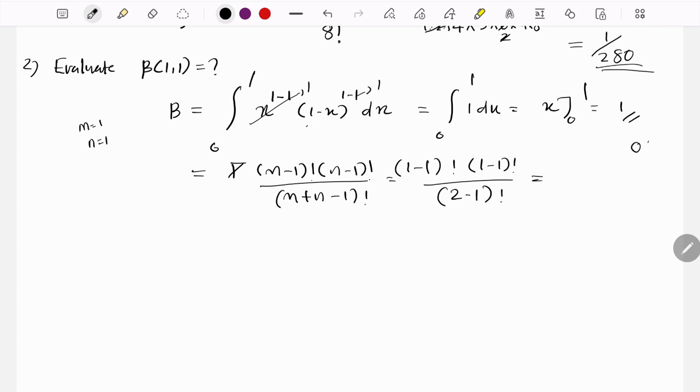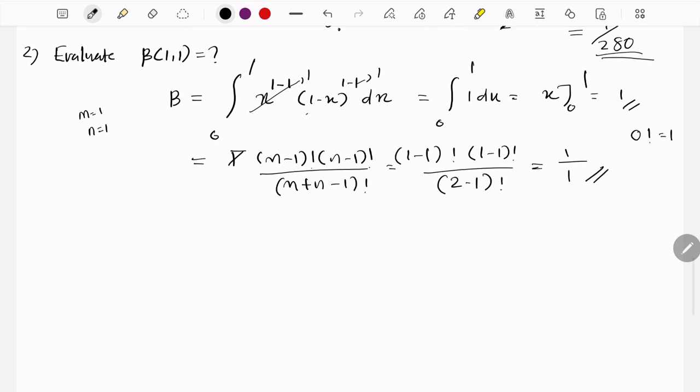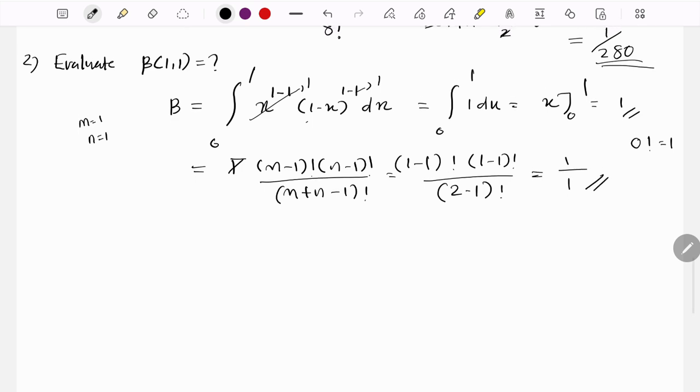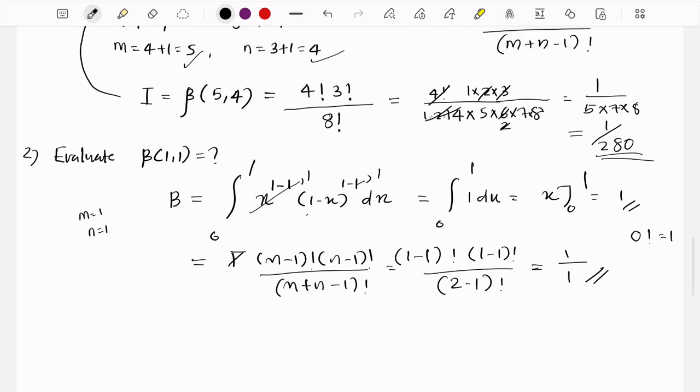We know 0 factorial is equal to 1, that is 1 divided by 1. Okay. This is a simple problem, but this problem helps to memorize this beta function.